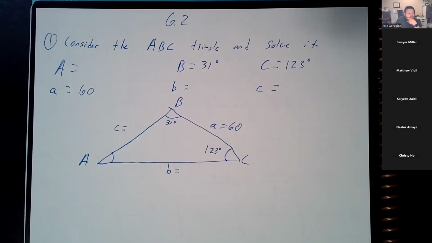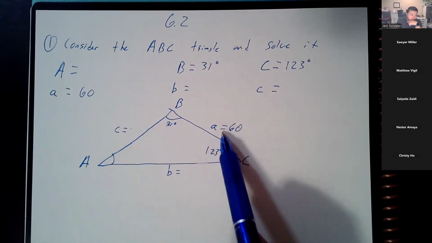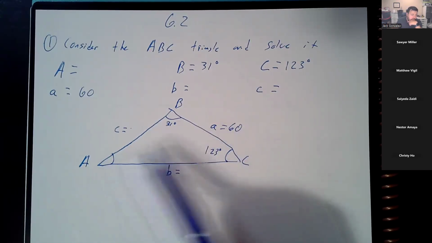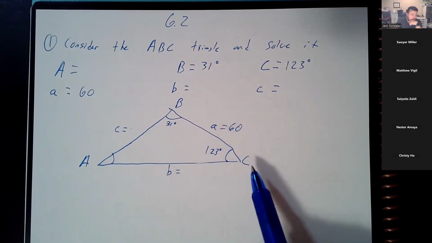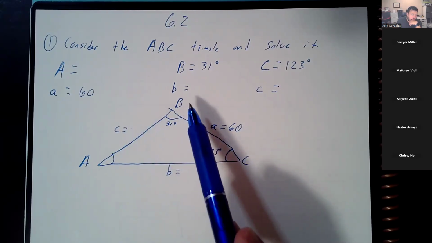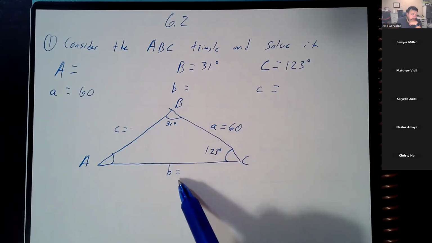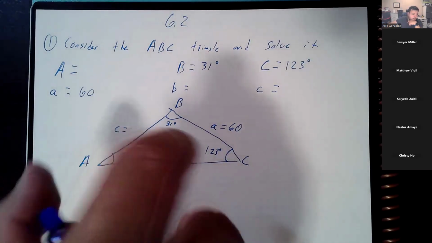It doesn't matter where you put the A, B, C. What matters is that the lowercase is on the opposite side. See how I have capital A and lowercase a, capital C, lowercase c, capital B, lowercase b. As long as you set it up that way, where they go doesn't matter.